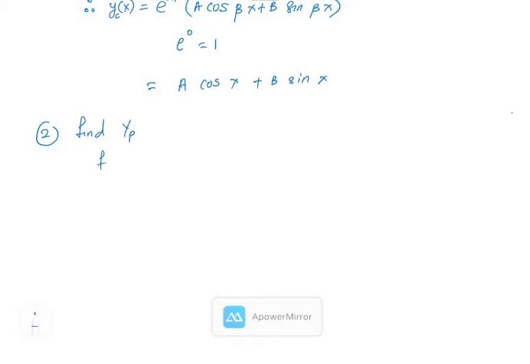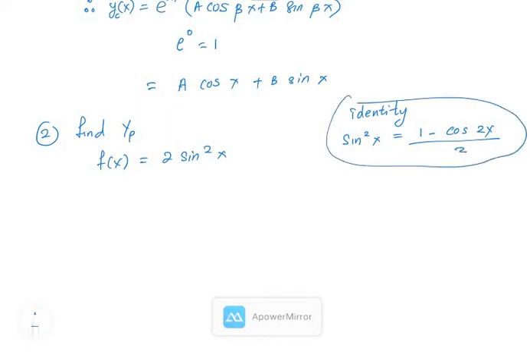So your f(x) from the question is 2 sine square x. From the identity, sine square x is equal to 1 minus cos 2x divided by 2. So this is the identity, and you can substitute it. With the 2 in front, this should be equal to 1 minus cos 2x.